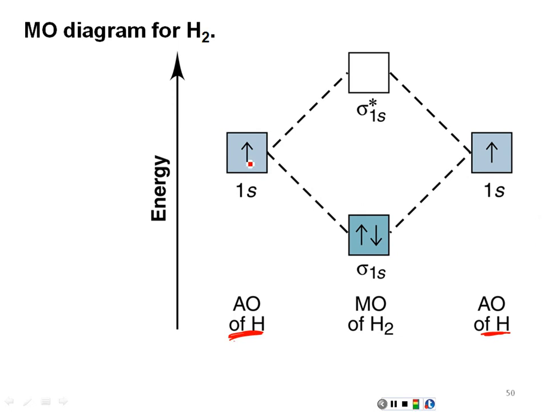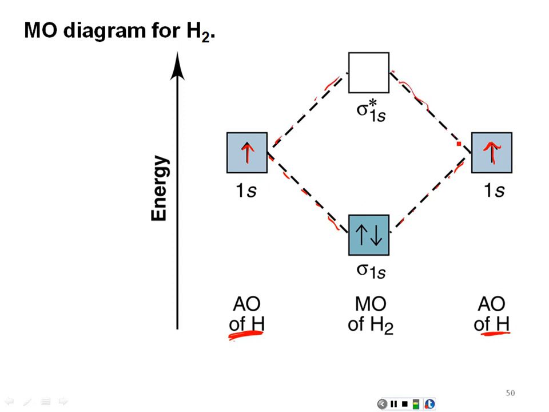We add the electron, since each hydrogen starts with 1 electron. Now we mix them to form molecular orbitals, and that's what these dashed lines indicate: that they're mixing.